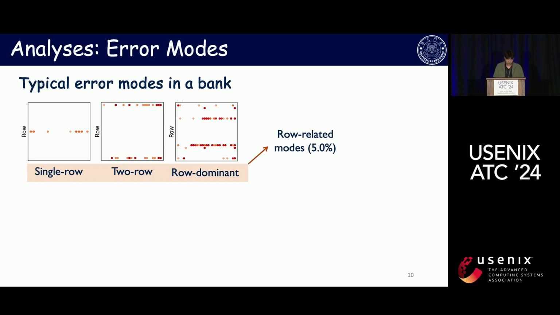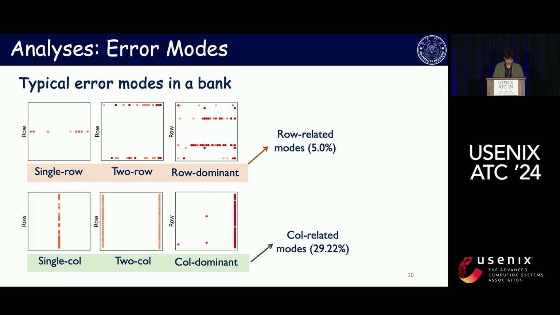We observe that only 5% of the banks exhibit row-related modes in our dataset. Similarly, the column-related modes signify that errors concentrate in a single column, 2 columns, or specific columns. We find that column-related modes account for 29% of the total, which is multiple times higher than the row-related modes.